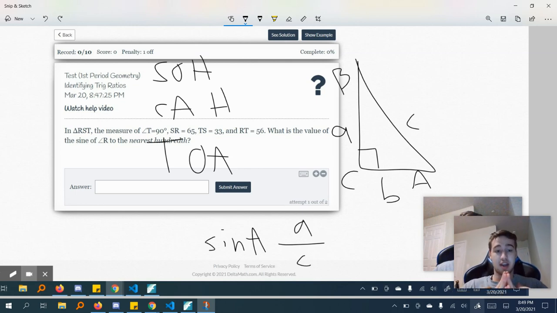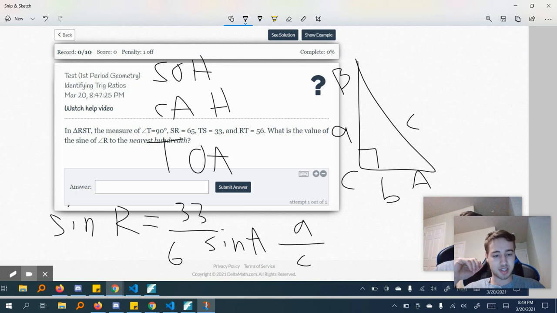So we want the sine of R to the nearest hundredth. Now, we don't know what those angles are, but we do know that the sine of R is going to be the side across from R, which is the one connecting T to S. And we know that the hypotenuse will be the longest side in the triangle, so SR. And that means that sine of R is going to be the side across from it, so 33 divided by the hypotenuse, which is 65.